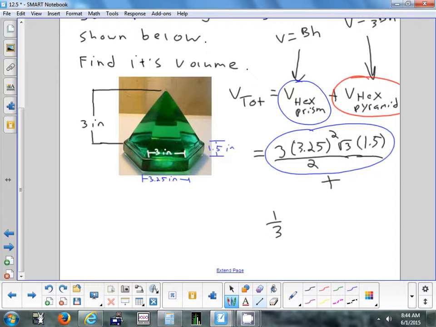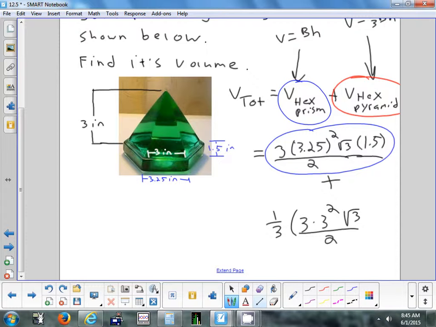If you cut the hole in the deck 3 1/4 inches on each side, you'd just put the prism in and it would fall right through. So 1/3, now area of the base, 3s squared. s is also 3 in this case. Square root of 3 over 2.